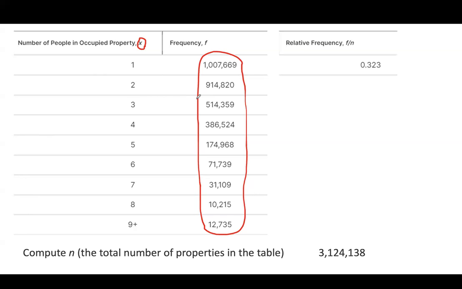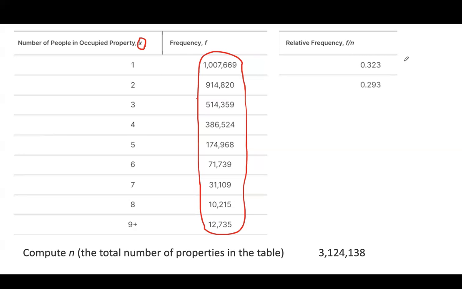The relative frequency, F divided by N, for the very first X, or one resident, in those properties is 1,007,669 divided by 3,124,138, which is about 32.3%. So if you randomly select one of these properties, the probability that it has only one resident is 32.3%.